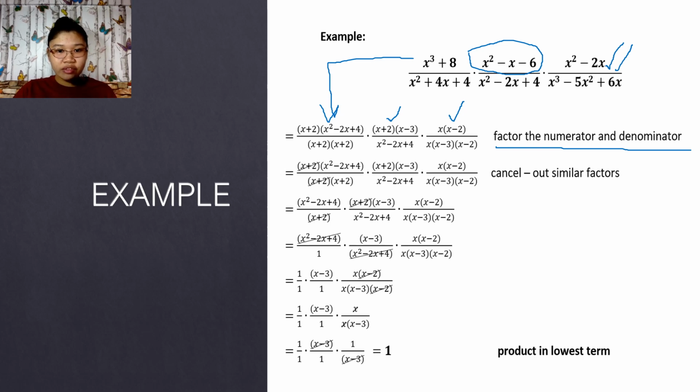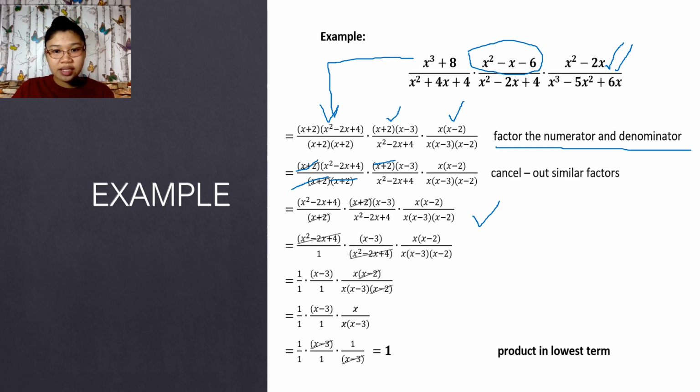So then we have here the canceling out of similar factors. So we cancel x plus 2, and then we have here this x plus 2, as you can see here. So this is almost the same. I am just using the second line as the canceling out of everything.